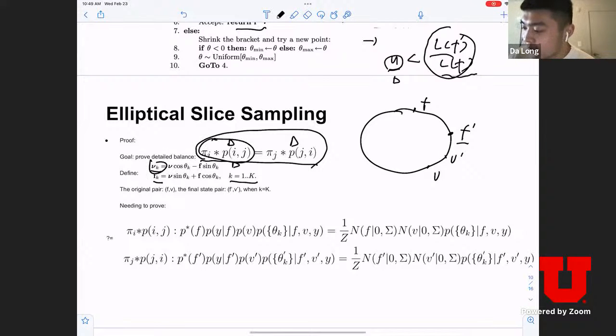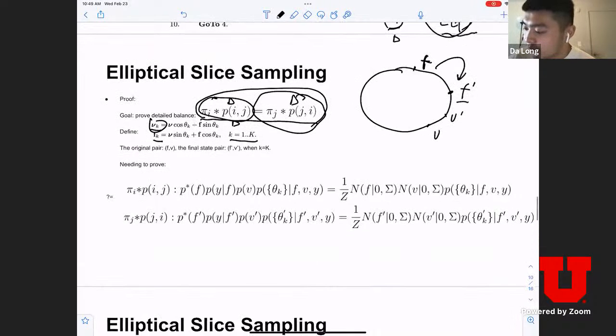The first term you can think of as jumping from f to f prime, and this term as the procedure jumping from f prime back to f.